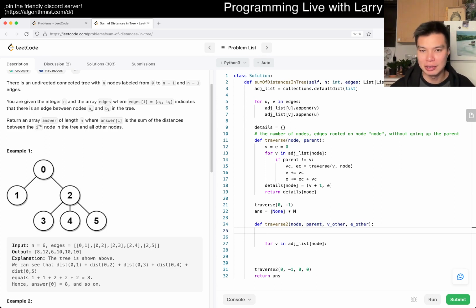And then now you could say v y is equal to details of node, because we calculated this before. Also, I just noticed that we messed up, because Larry messed up, but clearly this is used here. Let's just say child, fine.